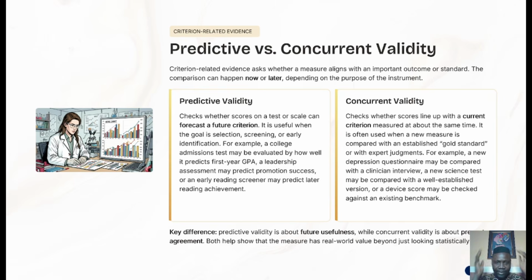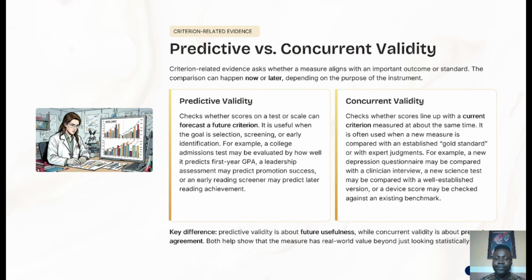What I'm saying is that, for instance, if we have the admission score of a student, maybe in the Nigerian context, let's say it's the post-UTME score, and the GP of that student, predictive validity is telling us whether what the person scores in post-UTME actually predicts or determines the score of the person in the first year CGPA, whether they are going to be related, whether it's going to predict it.